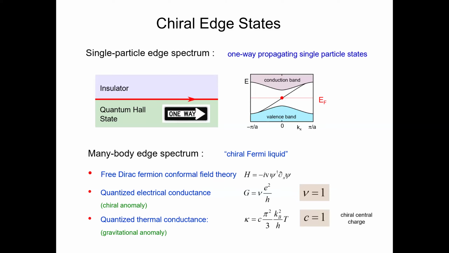And so one can contemplate describing the many body spectrum as well, and that is something which is well described by a low energy field theory. In particular, one could call it a chiral Fermi liquid, if you will. And really, it's the simplest field theory. It's just a free Dirac fermion, a one plus one dimensional conformal field theory.